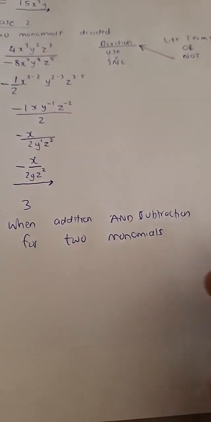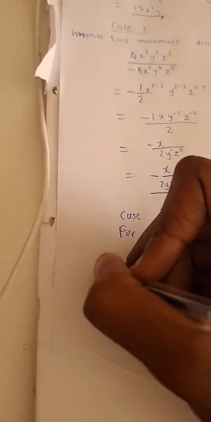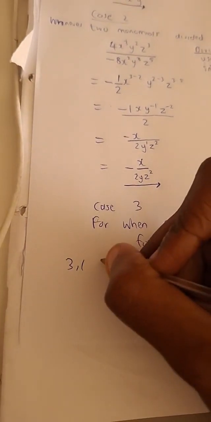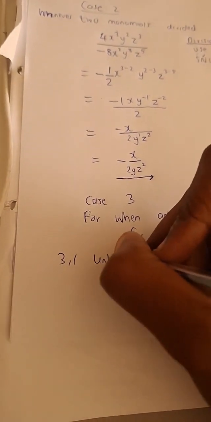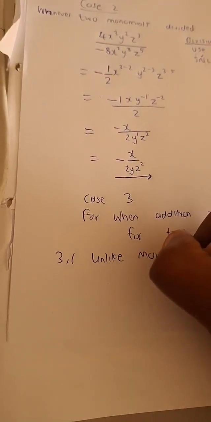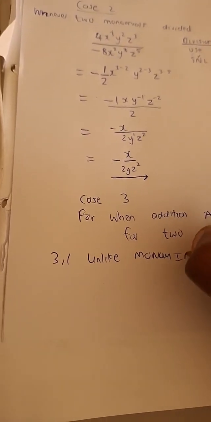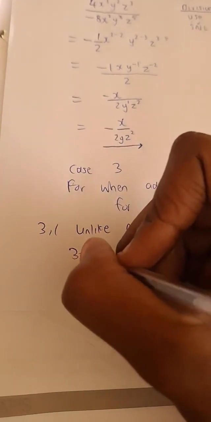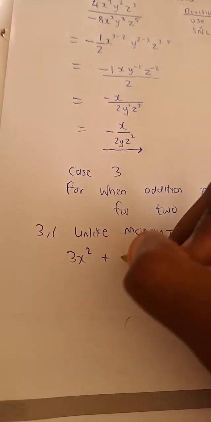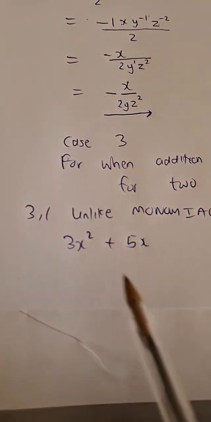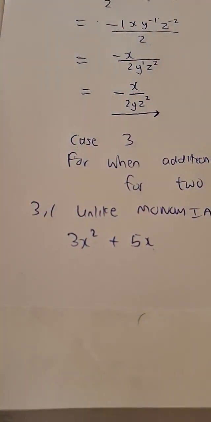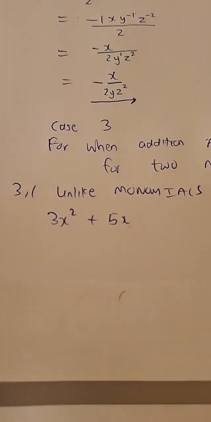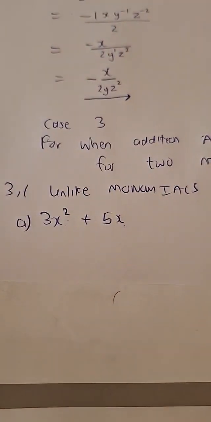So there's 3.1 where we have unlike monomials. If we have unlike monomials, in other words, 3x squared plus 5x, are these terms the same, grade 9s? Are these terms the same?